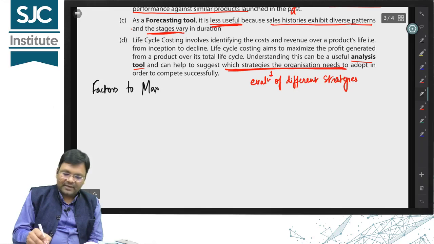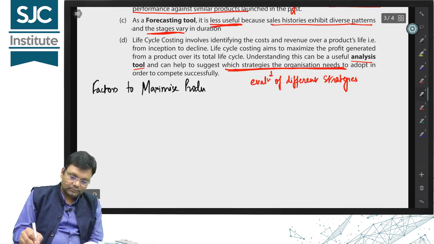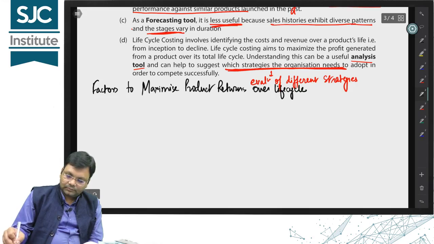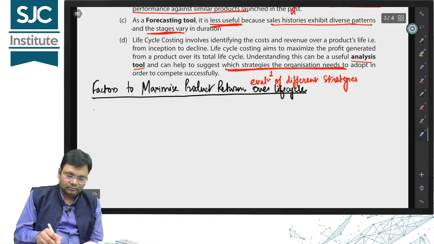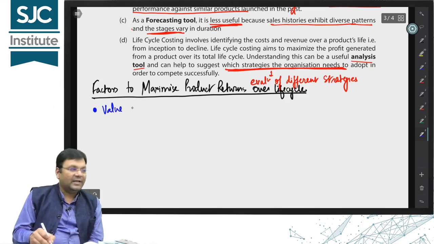Factors to maximize product returns over life cycle. So if there is a question on this, how will you write?